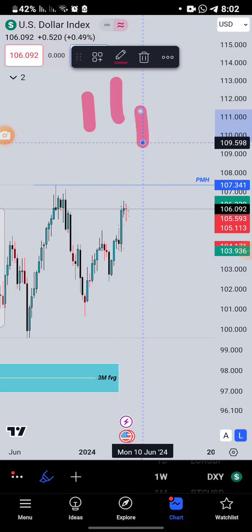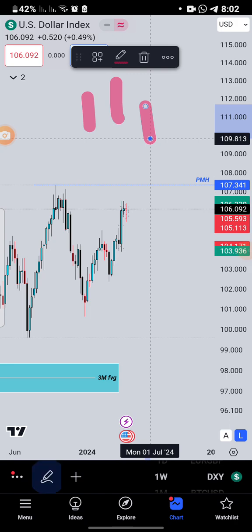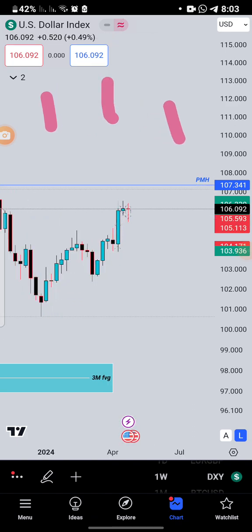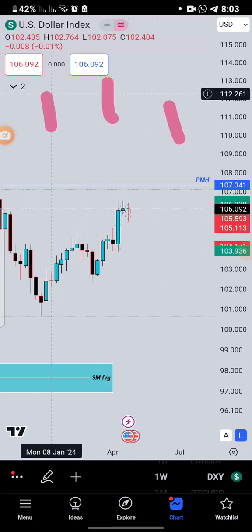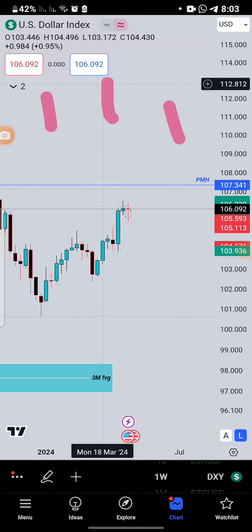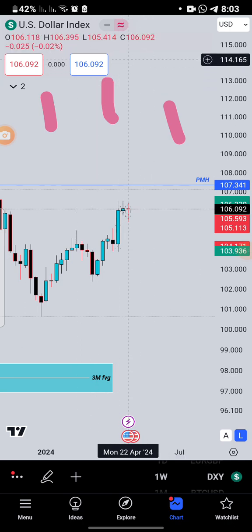Assuming these are candlesticks, and we see the high of this candle is lower than the high of this candle, right? Also this candle's high is lower than this candle's high, meaning this is the highest high of these three candles.